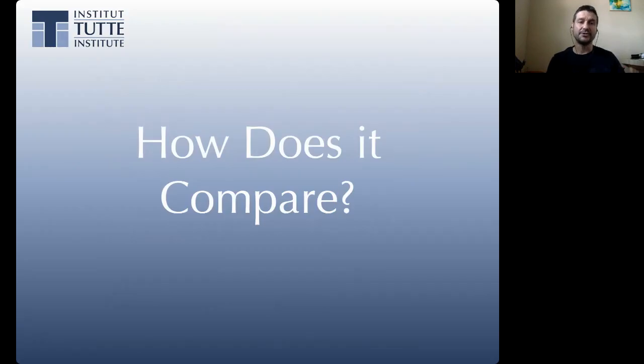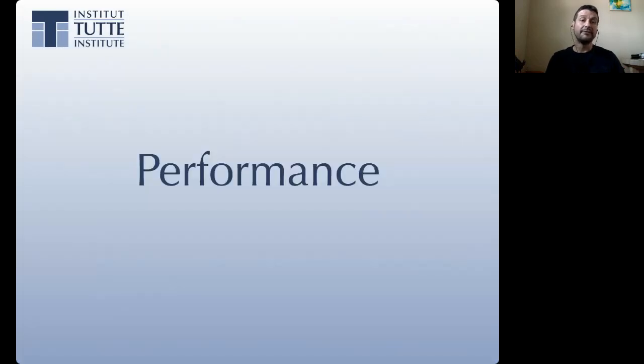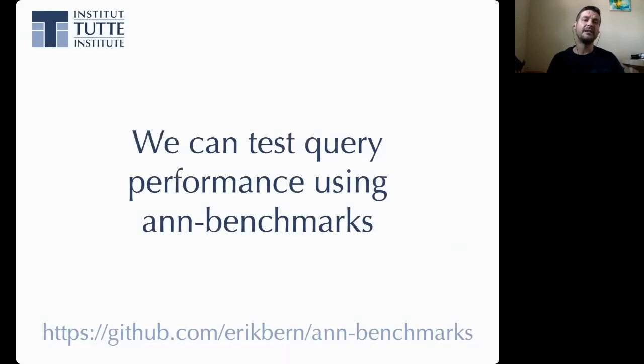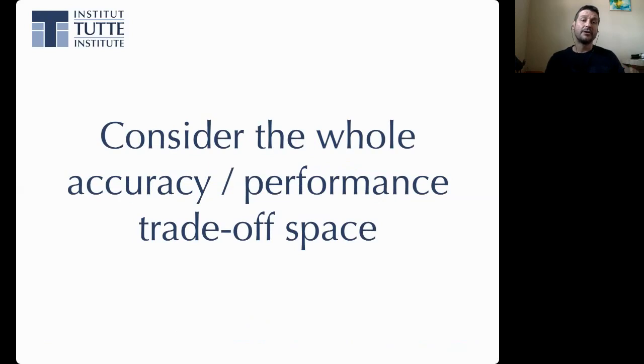So how does the result of that compare with other libraries for approximate nearest neighbor search? First, let's look at raw performance in terms of compute time required. And we can make use of the ANN-Benchmarks library, which lets you run benchmark tests over various data sets. The goal is to compare the entire accuracy-query speed trade-off space over various parameter choices for the different algorithms and implementations.